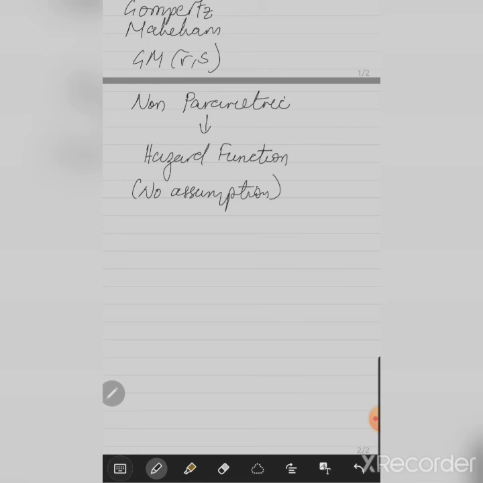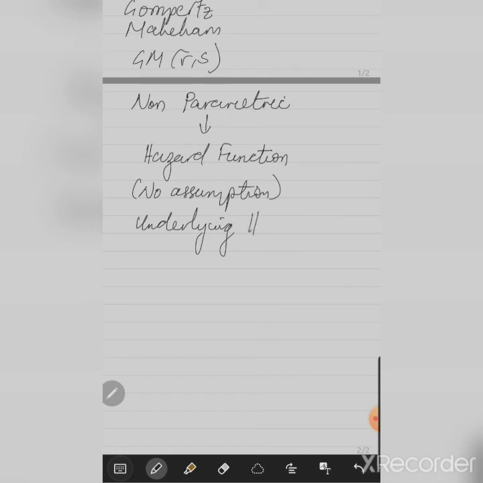So the future lifetime distribution, we are estimating without knowing the underlying distribution of the hazard function.